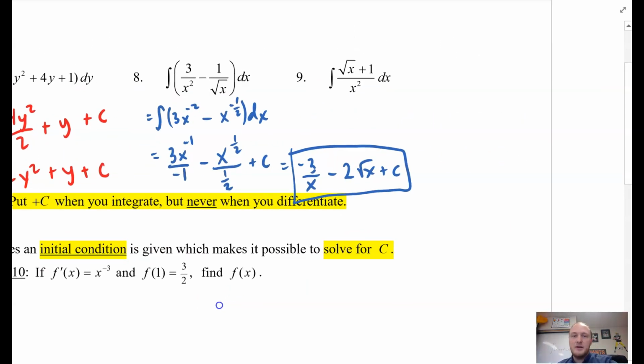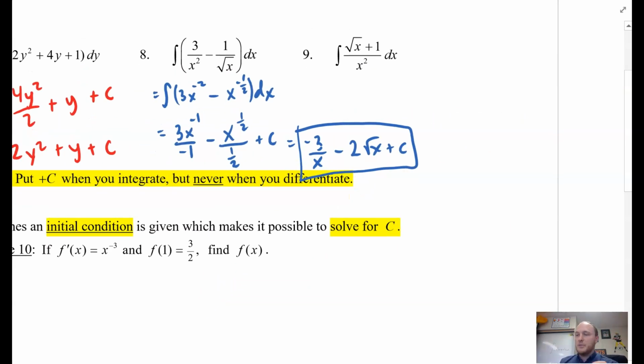All right, and then number 9. What I'm going to do, I'm going to split the denominator. So I'll rewrite this as the integral of the square root of x over x squared plus 1 over x squared dx. Okay, and I'll go ahead and rewrite this.